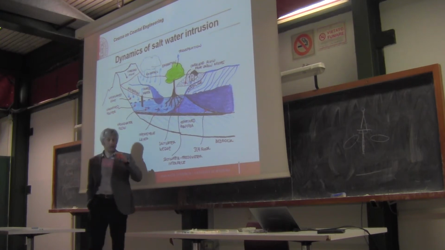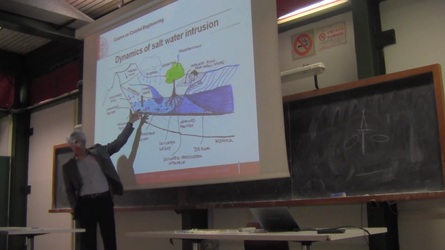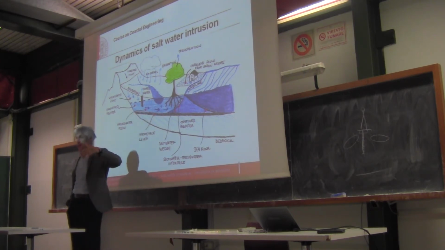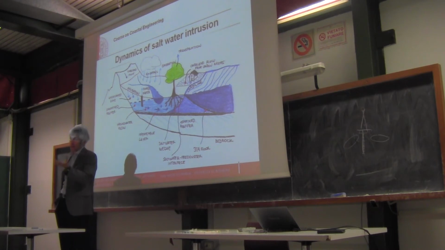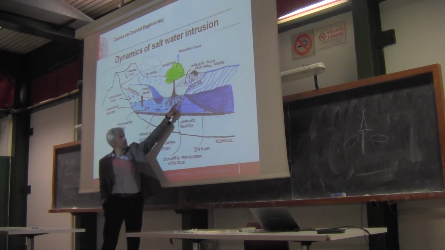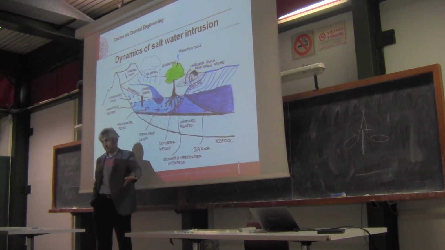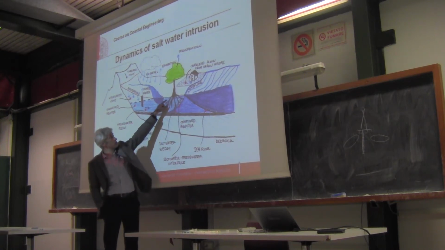And I want to anticipate why. Because as you move inland, typically the groundwater level gets higher, and therefore there is more pressure of fresh water. It means that the level of salt water goes down, because the level of groundwater rises.